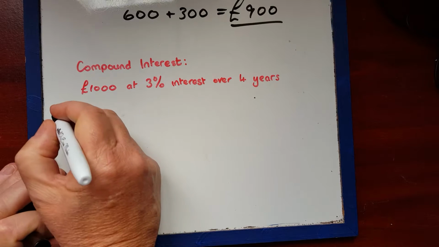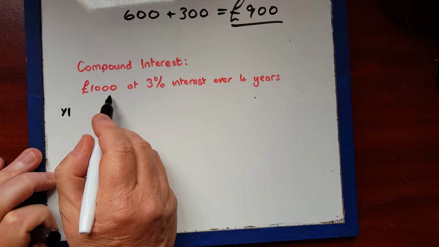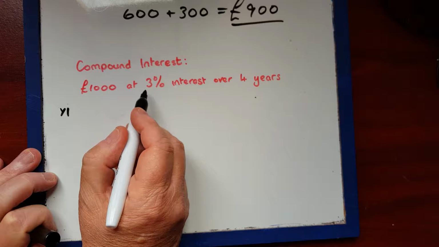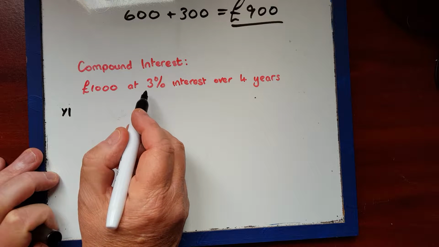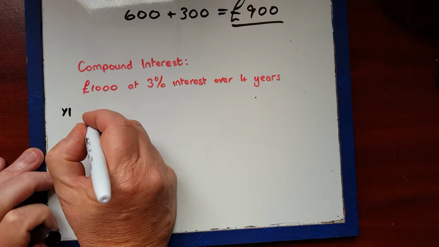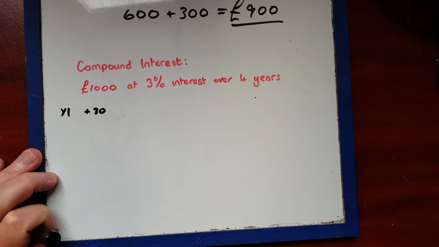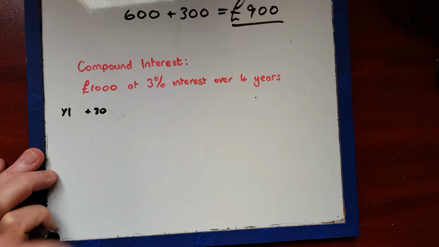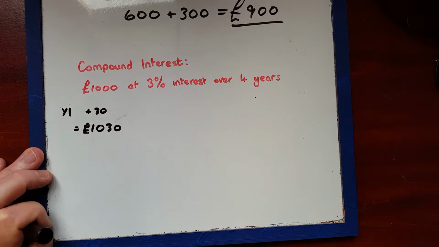So in year 1, you start at £1,000 here and you add on 3%. Now, what's 3% of £1,000? 10% of £1,000 is 100. 1% of £1,000 is 10. So 3% of £1,000 is 30. So in the first year, you add £30 to your total, which means that in your account you've got £1,030.